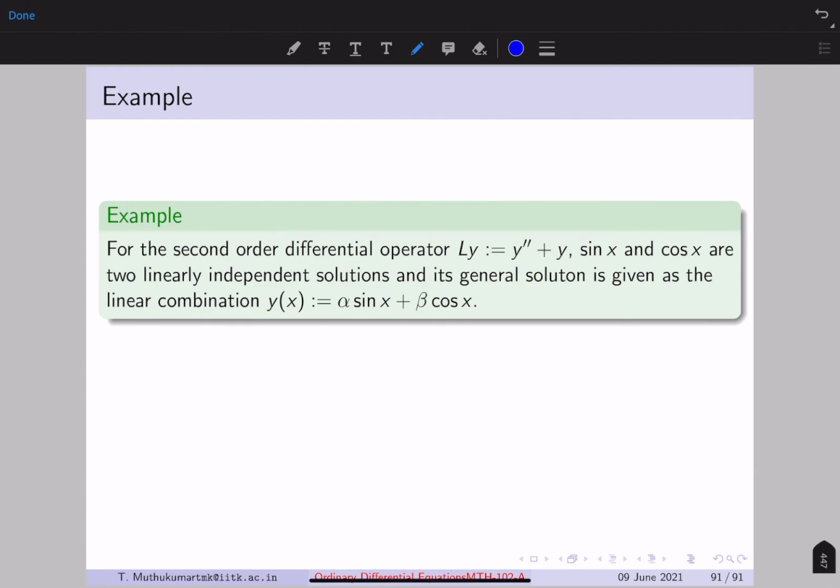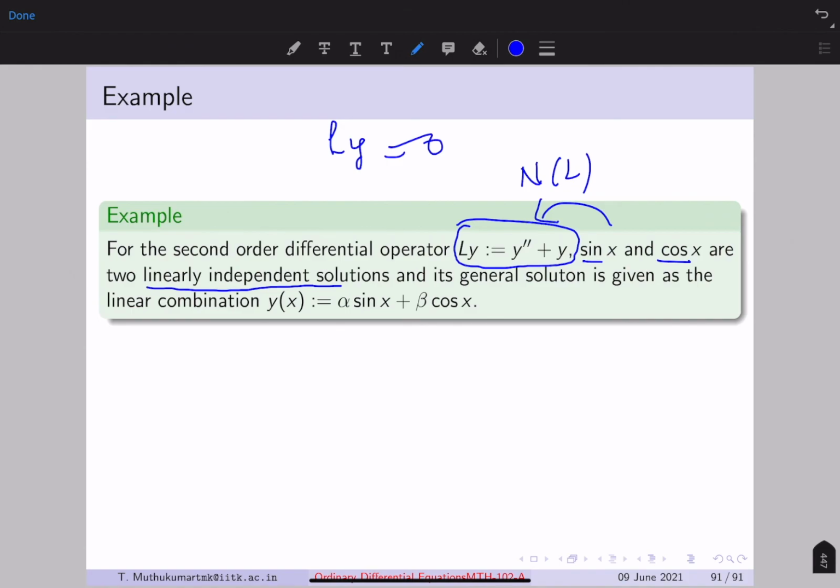Let's look at some examples, something which we have already seen. We have already seen the second order differential operator. As per the previous theorem, because it's second order, the null space should be 2 dimensional. We have already checked that sin x and cos x are solutions in the null space of this L. Show that sine and cosine are linearly independent.